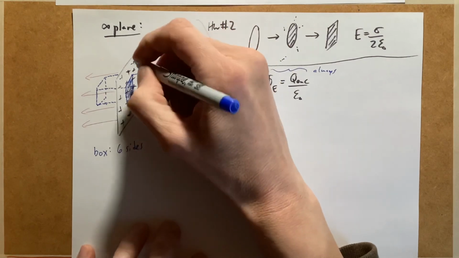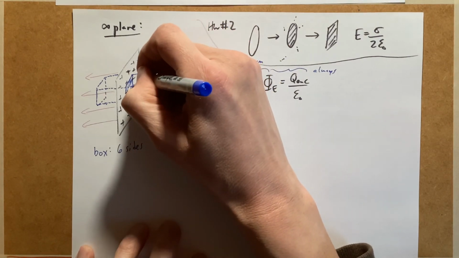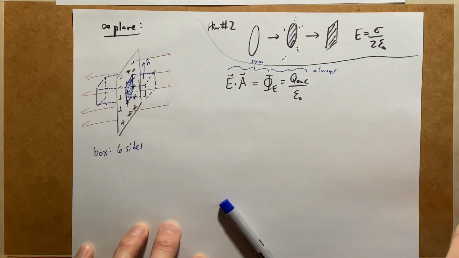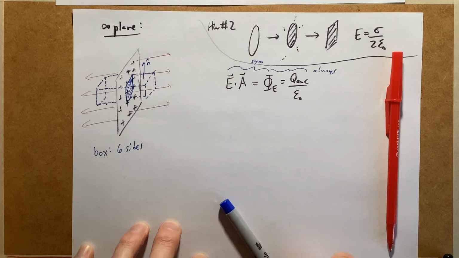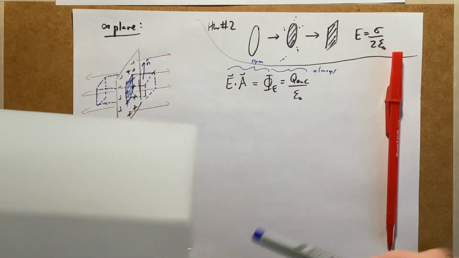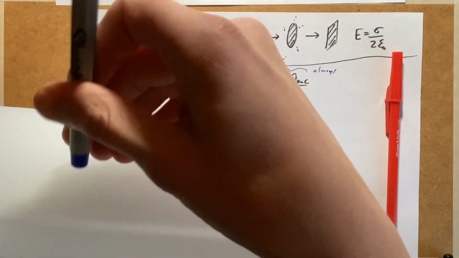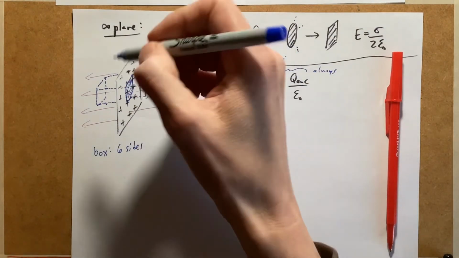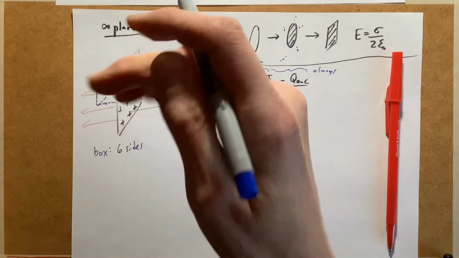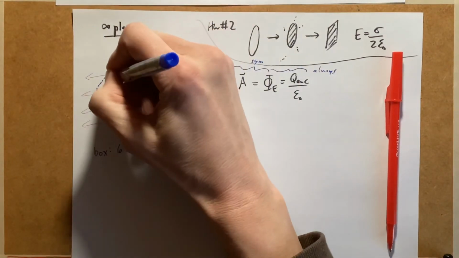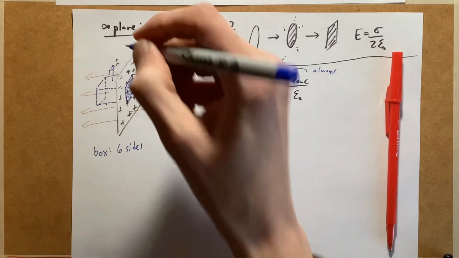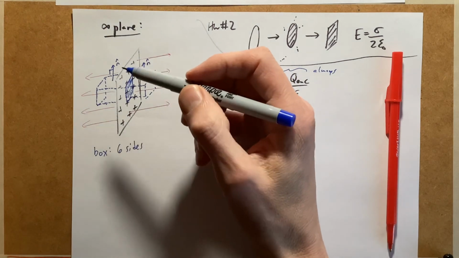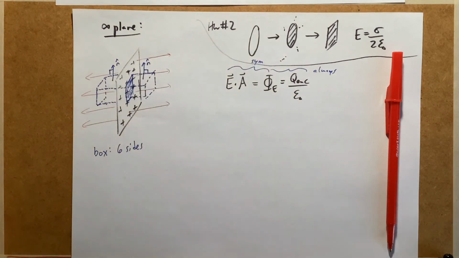So the normal, let me just pick a normal on this side of the surface. I want to point out right away that for the normal to the top side, the field is pointing to the right, so that's going to be 90 degrees. And you might ask, what about the part of that side on the opposite side of the infinite plane? Same thing: even though the field is in the reverse direction over there, it's still 90 degrees, and so the flux there is going to be 0.